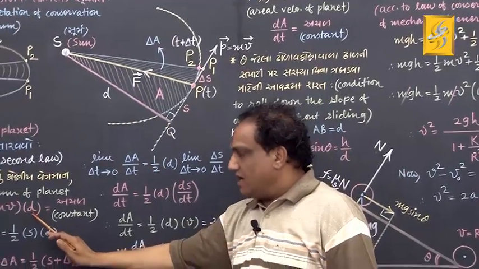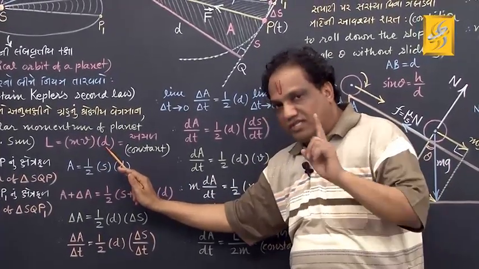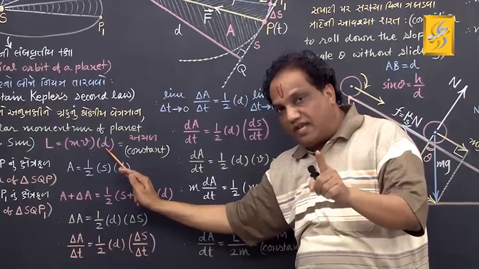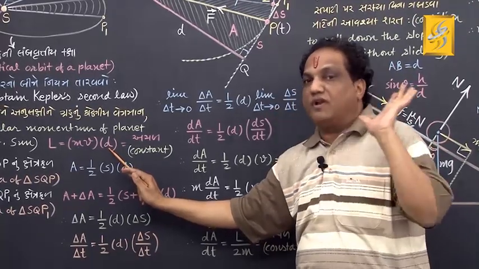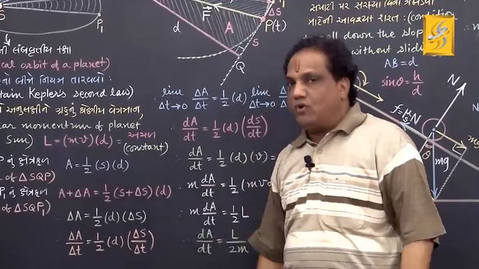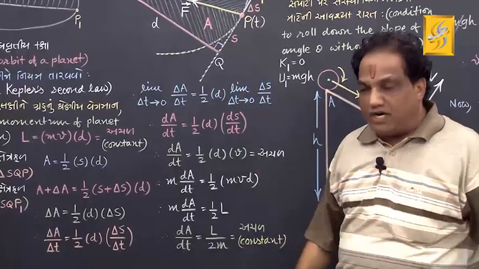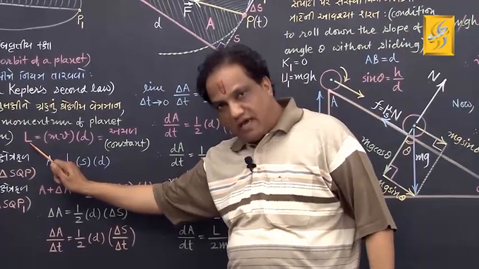That's why I have multiplied by small d. This is linear momentum, and this is the perpendicular distance of the line of linear momentum from the reference point, that is d. Such a product gives you the moment of linear momentum, which is called angular momentum, shown by the symbol capital L.